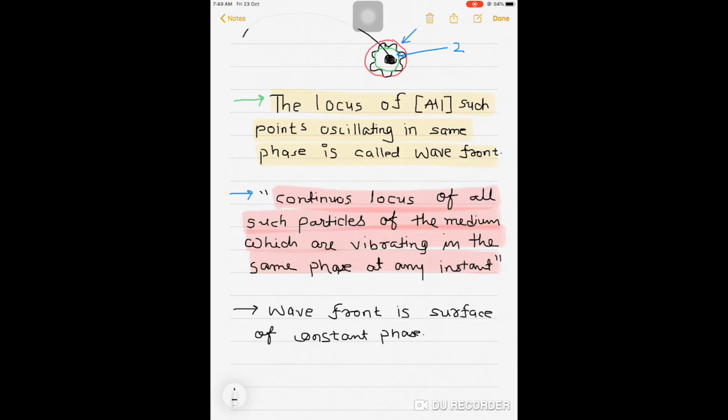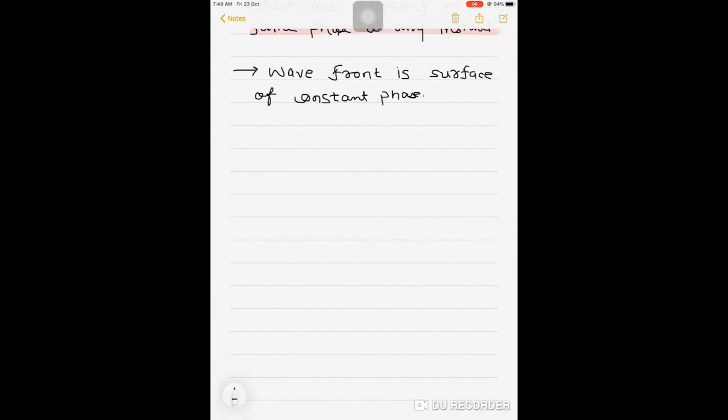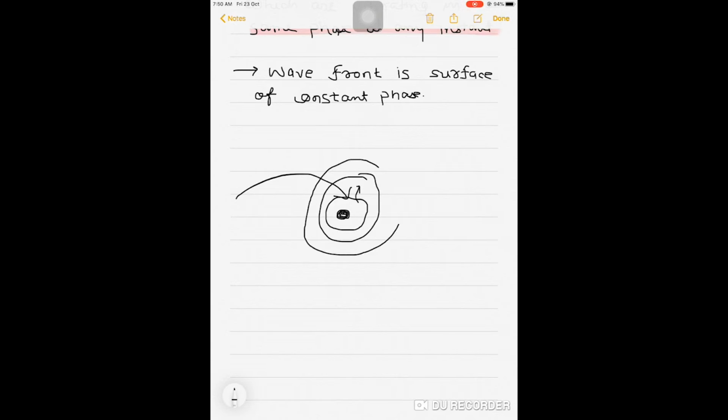So here obviously the locus or the wavefront that is developed is also moving out. You can consider that where the stone is thrown, the first wave emerges, then this wave moves further and a new wave emerges from inside, then this is third, this is fourth.